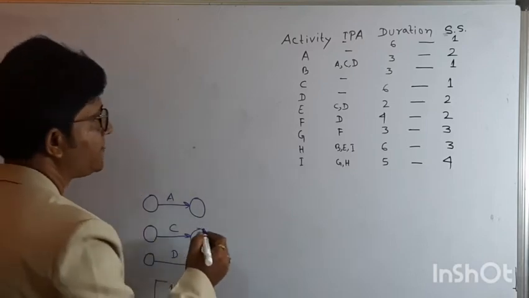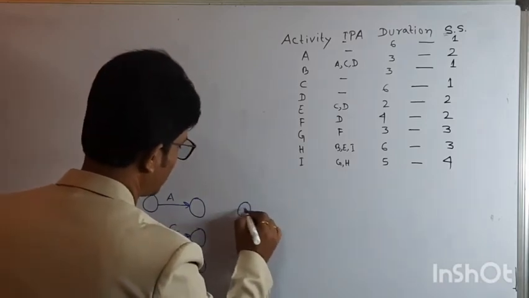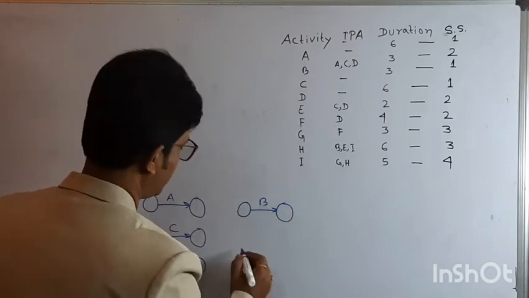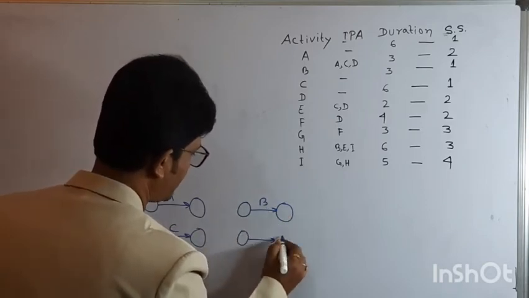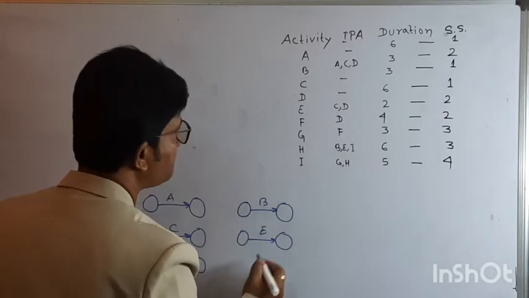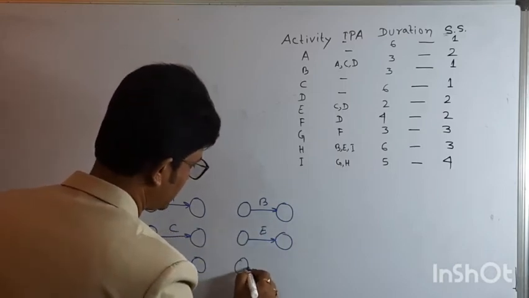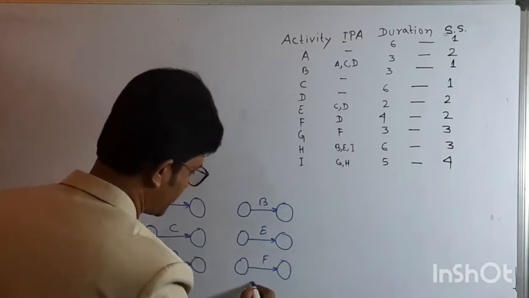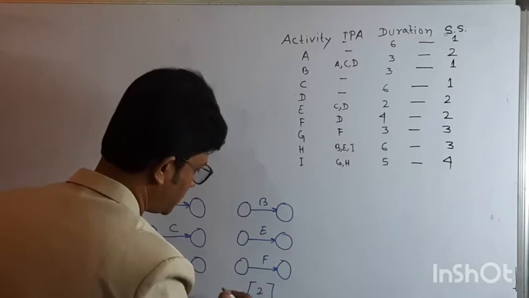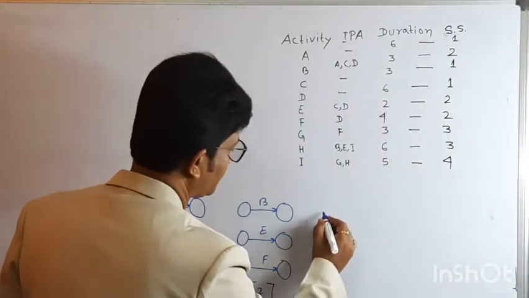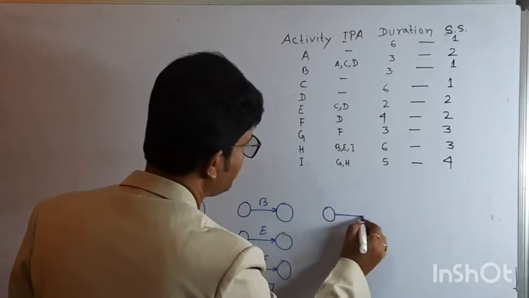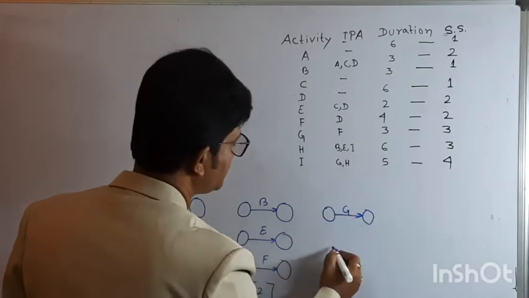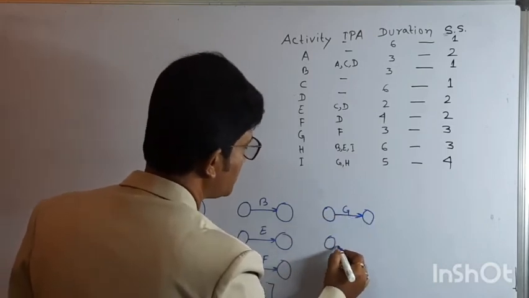Now the activities for sequence step number 2 are activity B, activity E, and activity F. All of these come in sequence step number 2. Now for sequence step number 3, we have activity G and activity H.